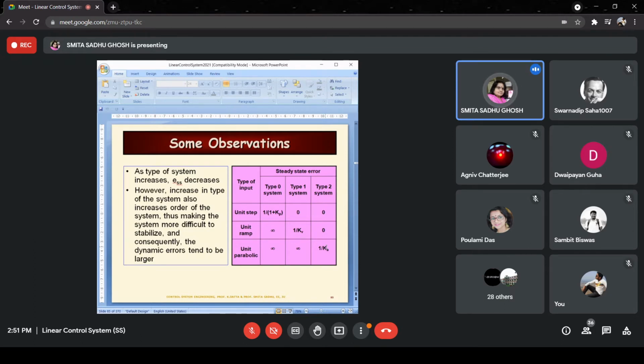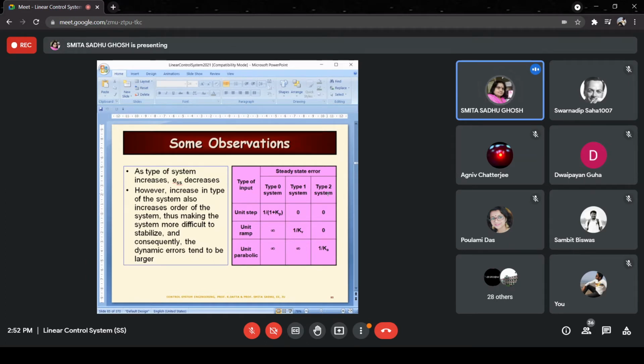Now, I'll restate what I said in different words. What I'm saying is that if you go for a system which, for example, is of type 2, what will be the minimum order of the system that you will be having? Either a second order or a third or fourth or fifth order if you have other poles and zeros as well.